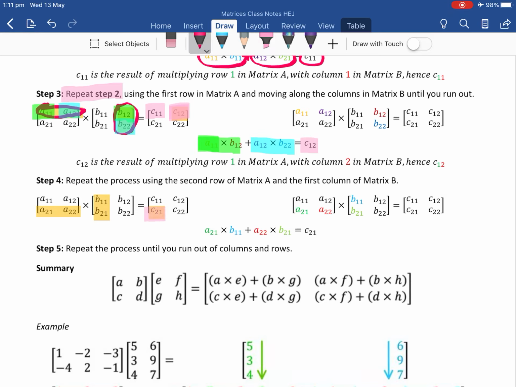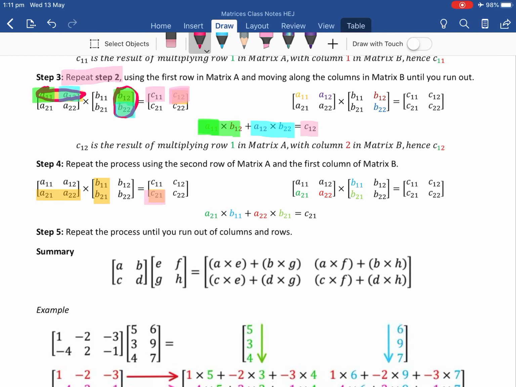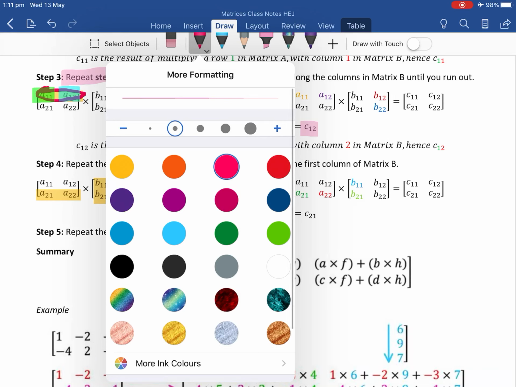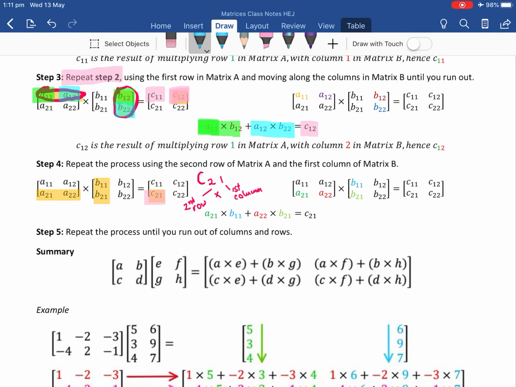C21 means you get the second row and you multiply it by the first column. The first number tells you the row of matrix 1, and the second tells you the column of matrix 2.